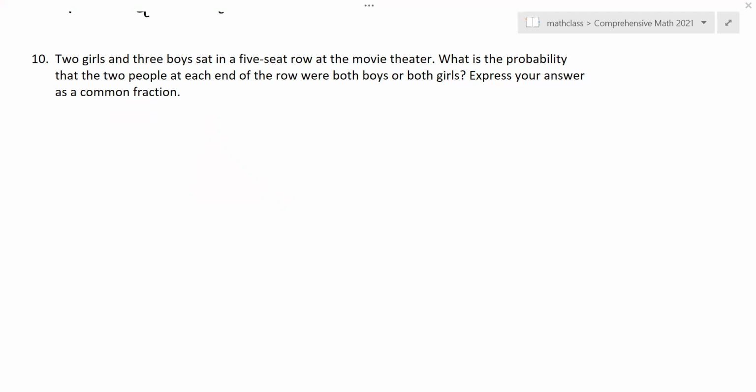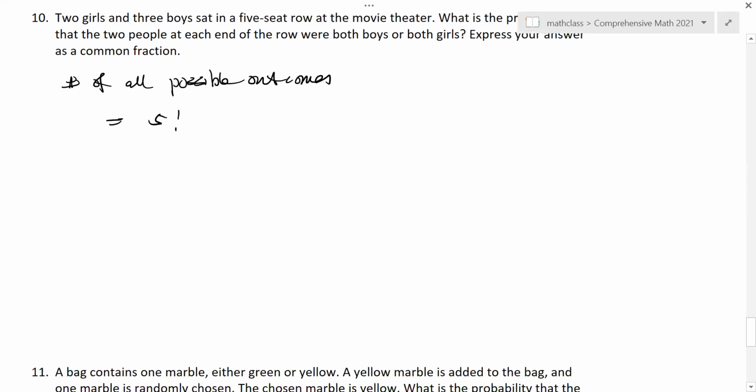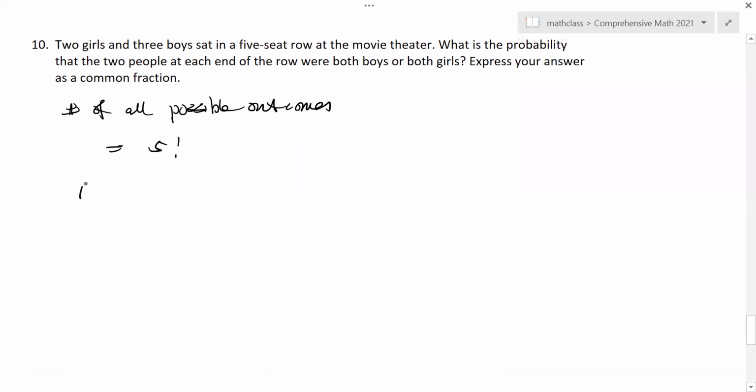To solve this problem, first of all, the number of all possible outcomes, because there are 5 seats and 5 students, will be 5 factorial. Now you have to figure out the 2 patterns: either 2 boys or 2 girls at the 2 ends.